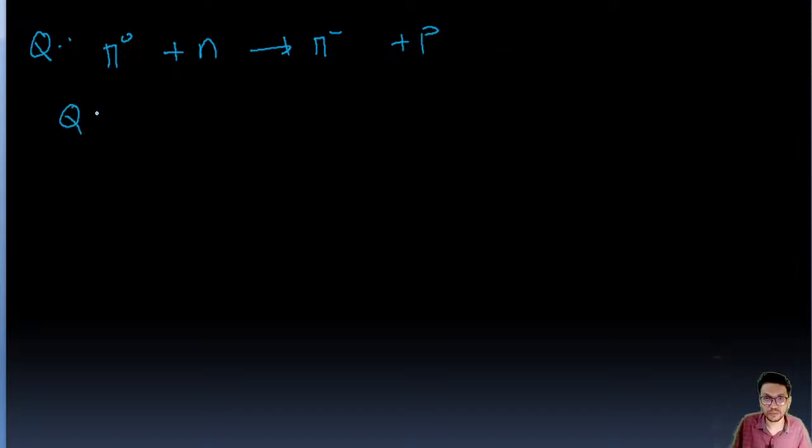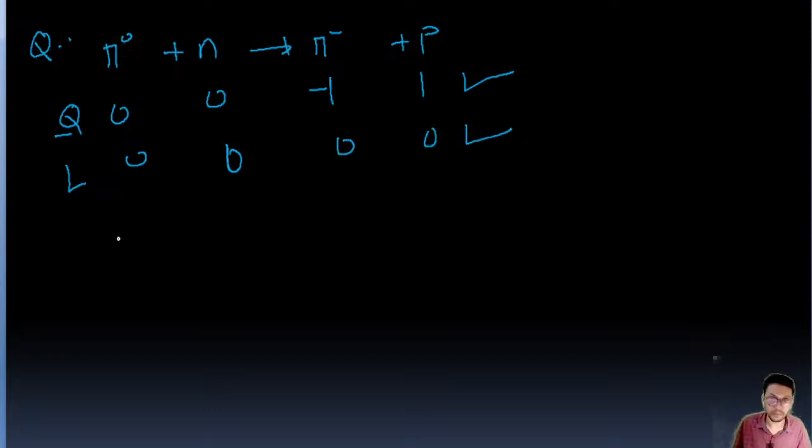First we can also do it by the trick: pions are here, and there is a baryon, so it is by strong interaction, but I'm going to solve it with the procedure. Okay, charge Q: 0, 0, minus 1, plus 1, conserved. Lepton number 0 0, 0 0 0, this is conserved. Baryon number, lepton number, everything I have explained in detail. That's why I'm writing quickly now.